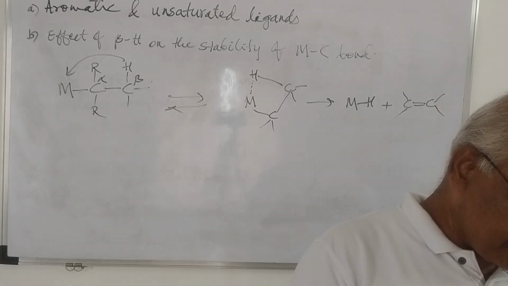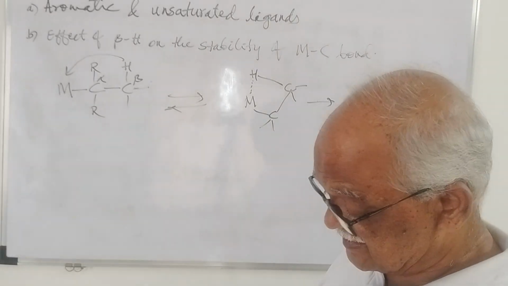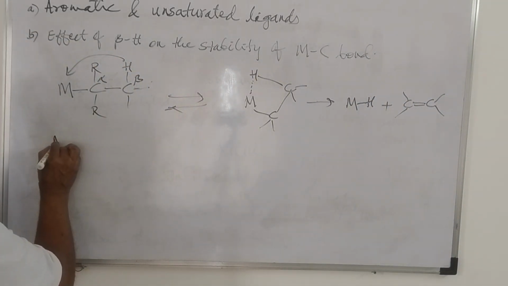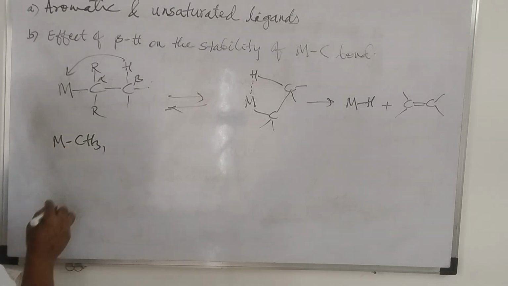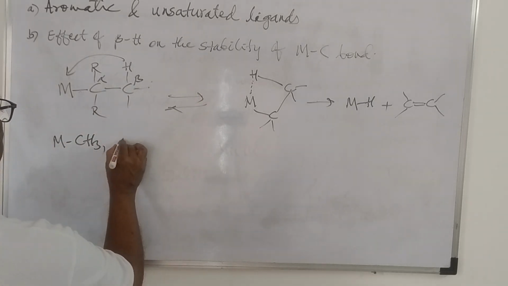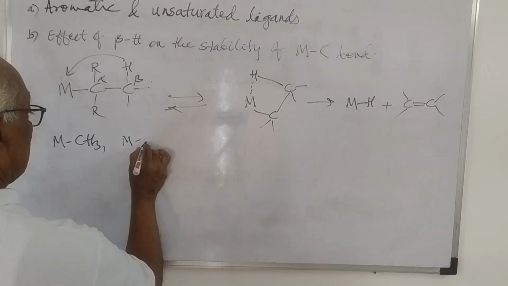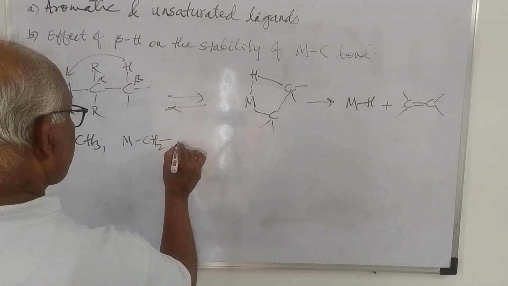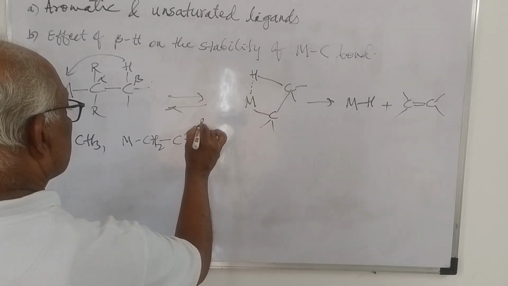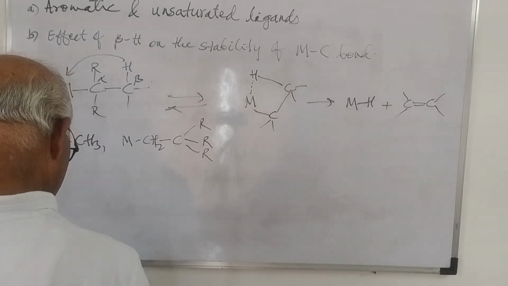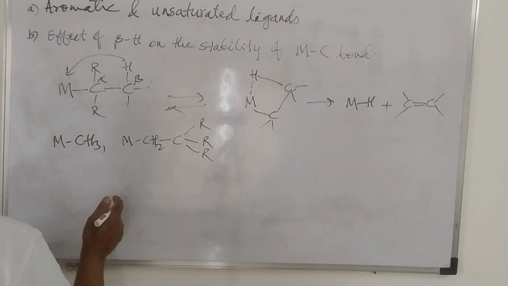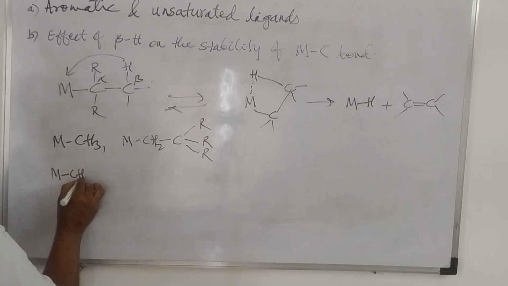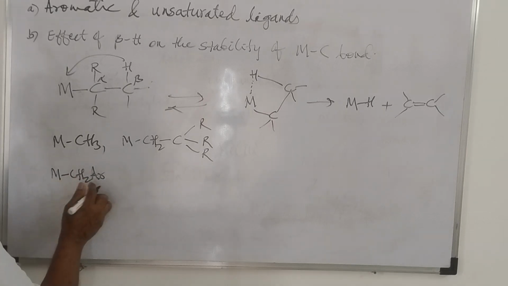Equivalent to this, other species also provide stability, like the metal CH3 bond, then metal CH2 CR3, or metal CH2 aromatic ring.